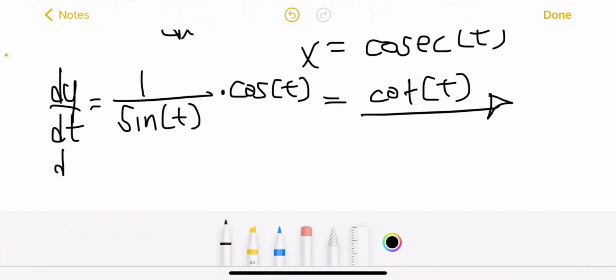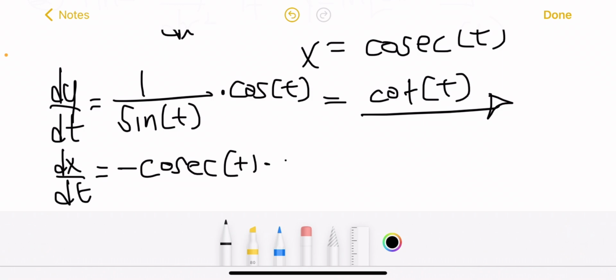So what is dx over dt? Okay, what is the derivative of cosecant of t? We know the derivative of cosecant of t is equal to negative cosecant of t multiplied by cot of t.